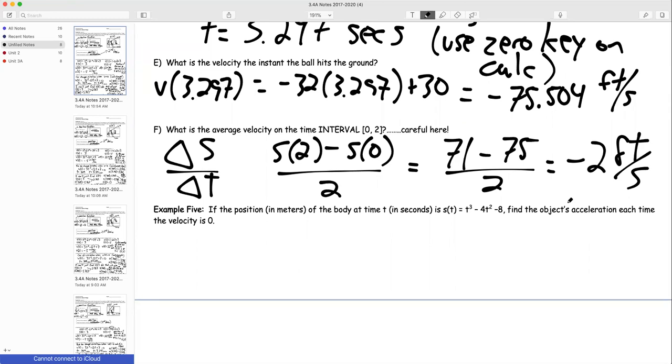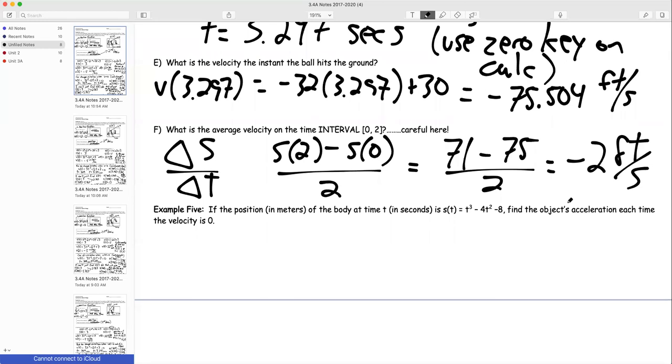Here we go. If the position in meters of the body at time t in seconds is S of t equal to t cubed minus 4t squared minus 8, find the object's acceleration each time the velocity is 0. Okay, so two parts to this question. First, I need to find when the velocity is equal to 0.